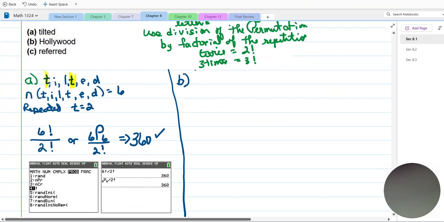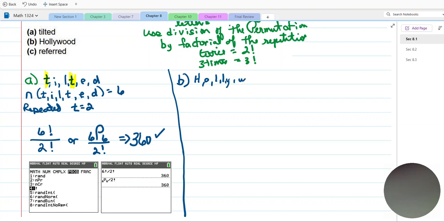So this word is HOLLYWOOD. All right. And so now we're going to say the cardinality of that Hollywood.